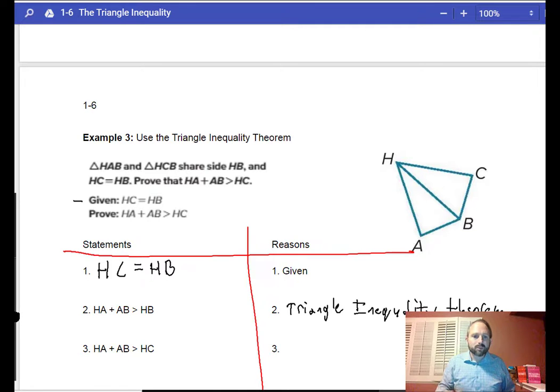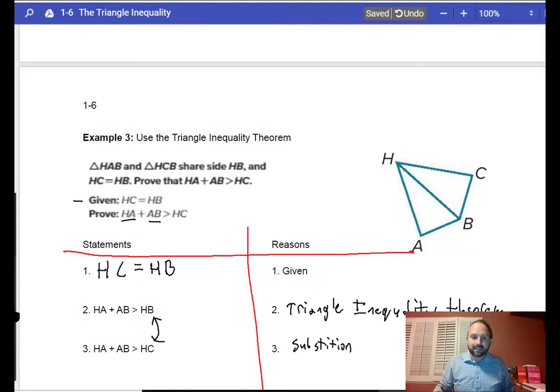So we just proved HA plus AB is bigger than HB. But then we're like, all right, well, since we proved that, how do we prove the other one? Well, we simply are going to just switch it out. If you look, the thing that we change is the HC. How do we do that? We use the substitution property.